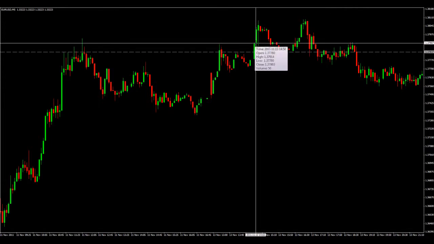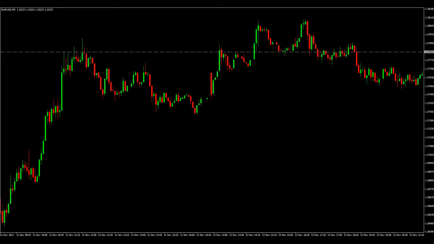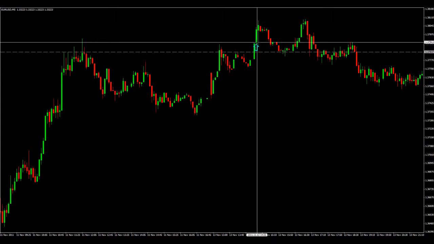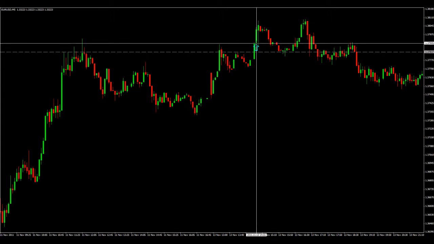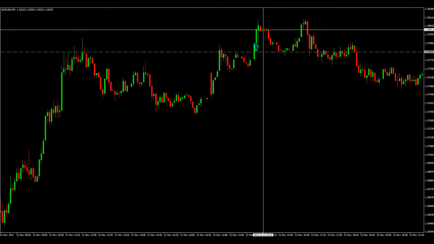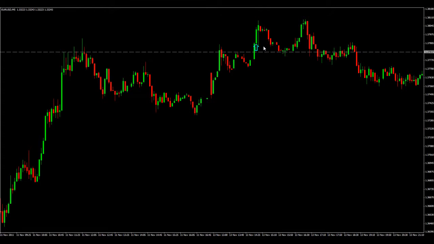So as soon as it broke up right here, we're going to be taking a call right there, and this is the 55 bar. Our expiry would have been on about the 1510, so it would have been about an 11 pip win.